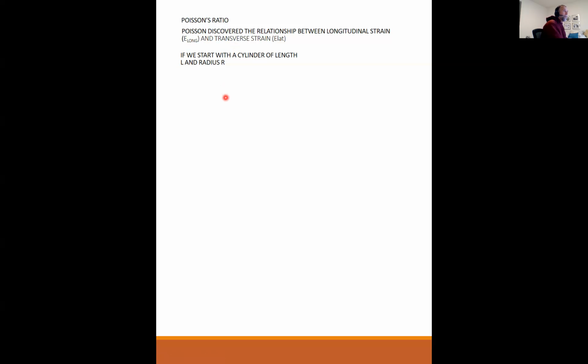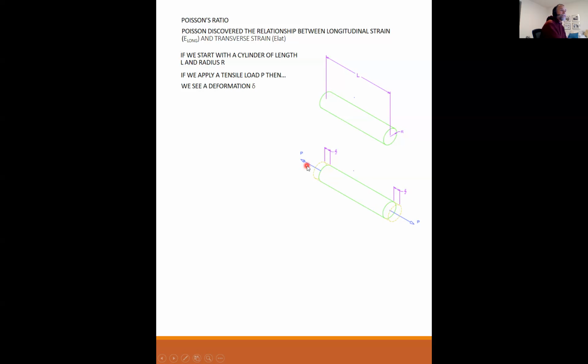Okay, so if we start with a cylinder of length L and radius R, like so, here's my cylinder, it is L long, and the radius is R. If I apply a tensile load P, then we will see a deformation of delta. This came out kind of small, but this is delta over 2 and delta over 2, so half of the stretching is at one end, half of the stretching is at the other end.